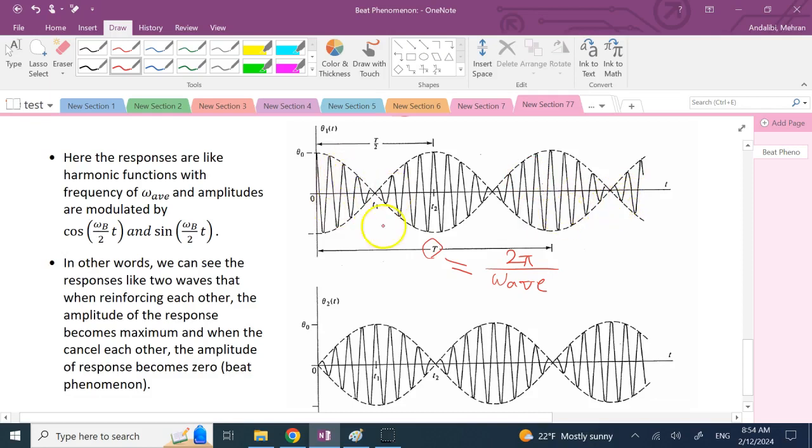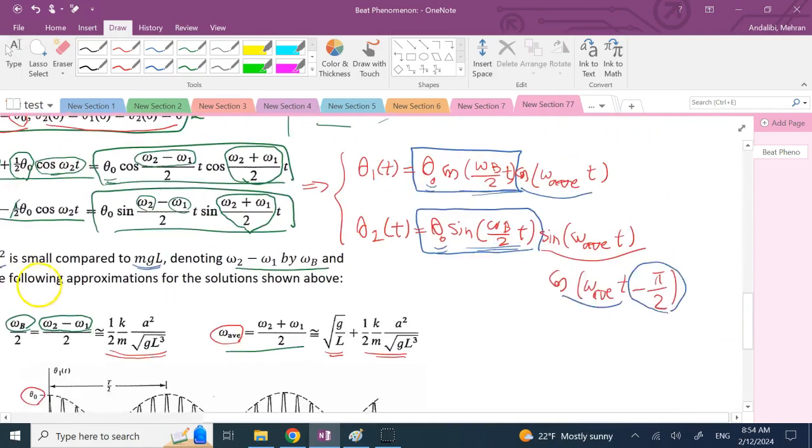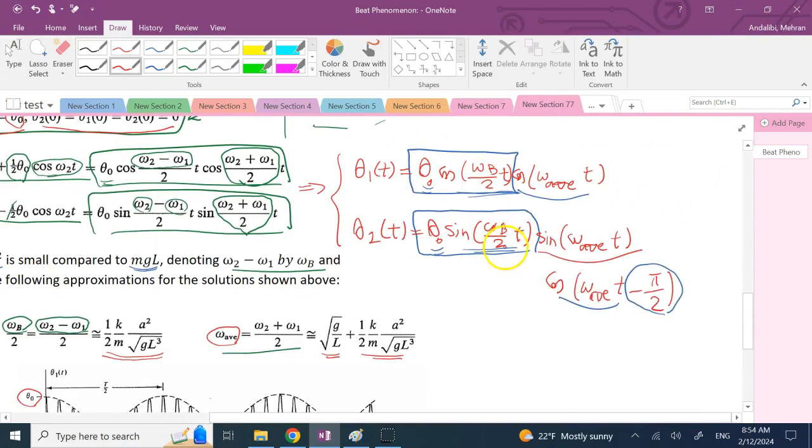And it's not just a sine and cosine, so it doesn't have constant amplitude. The amplitude starts from theta naught or goes at max to theta naught, but it's modulated by sine and cosine omega b over 2, as I just showed you over here, right? And you know sine and cosine have their max and min at -1 and 1.